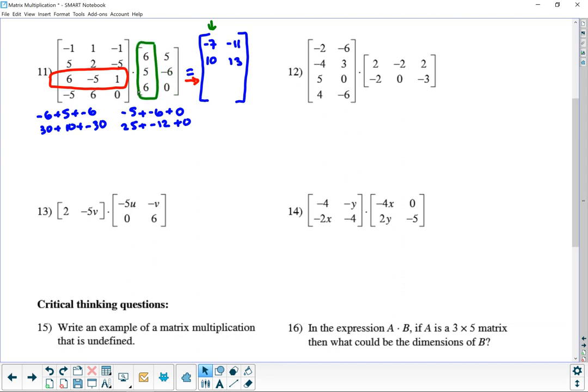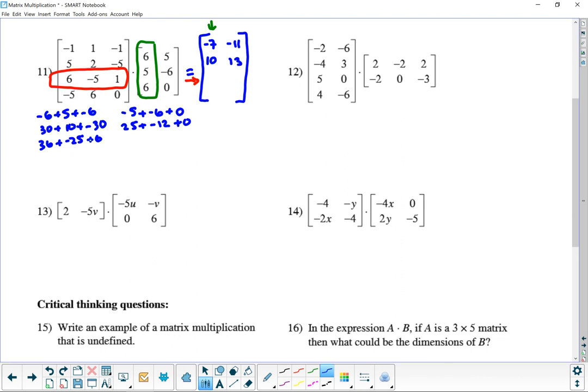So third row, first column. 6 times 6, 36. -5 times 5, -25. 1 times 6 is 6. So 36 and -25 gets you 11.